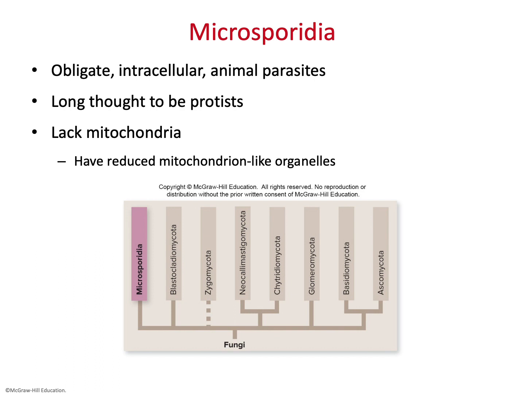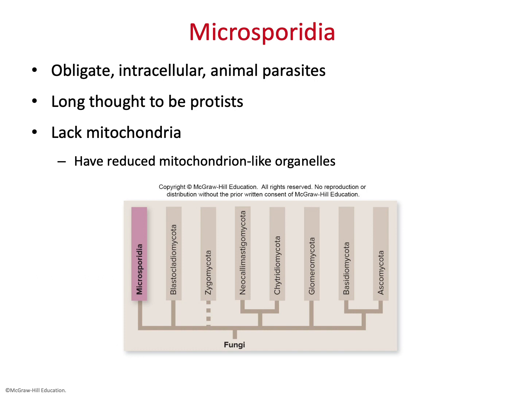So let's look into Microsporidia. Microsporidia are small obligate intracellular animal parasites. They were long thought to be protists. They lack mitochondria, but their genome actually contains genes related to mitochondrial function.